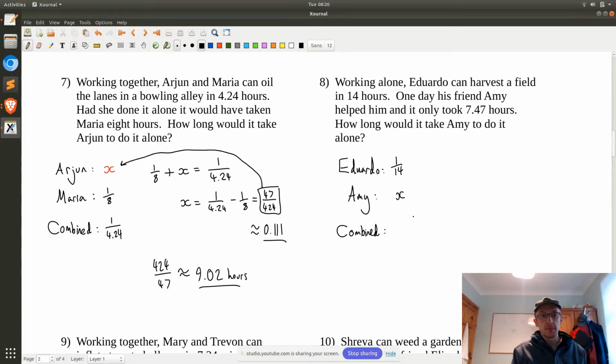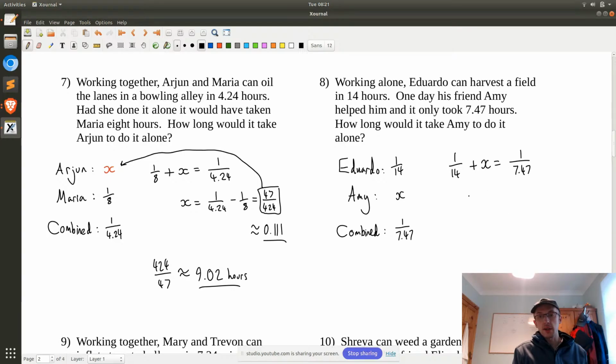What's their combined speed? Like the 7.47 hours here, so it's 1 out of 7.47. And we know that 1/14 plus X equals 1 over 7.47.